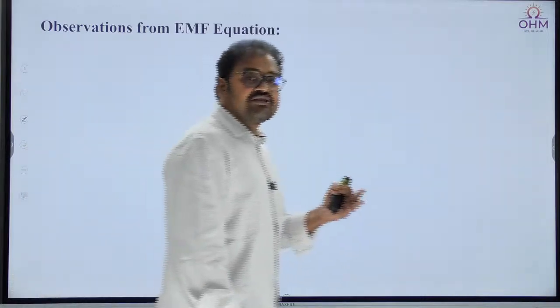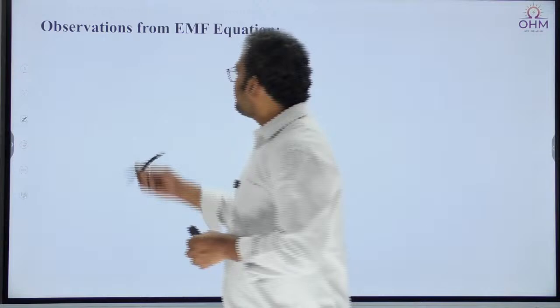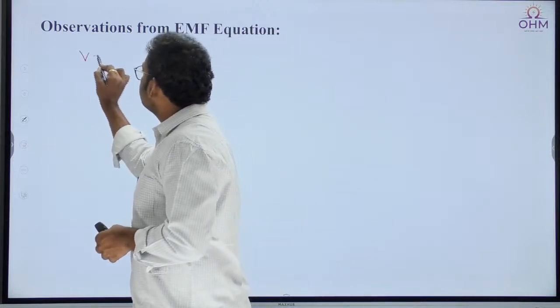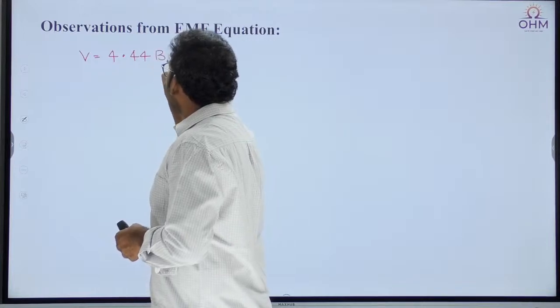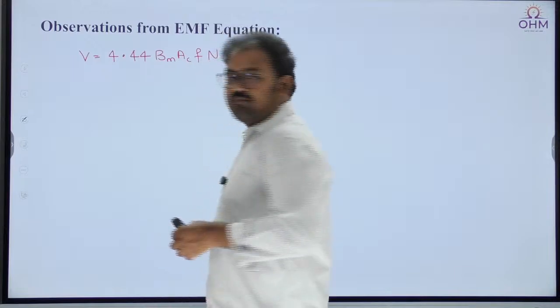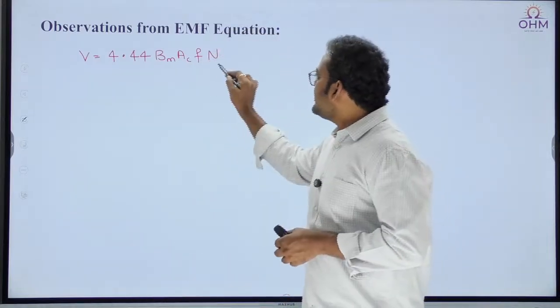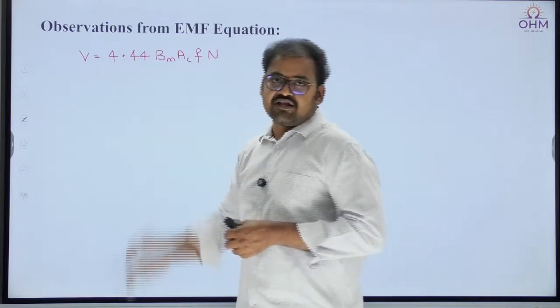Fine. Now, what are the other observations from the EMF equation of transformer? I will write down the voltage equation. Voltage is equal to 4.44 into Bm cross-sectional area frequency into number of turns. If it is a primary number of turns, this is a primary voltage. If it is secondary number of turns, it is secondary voltage.